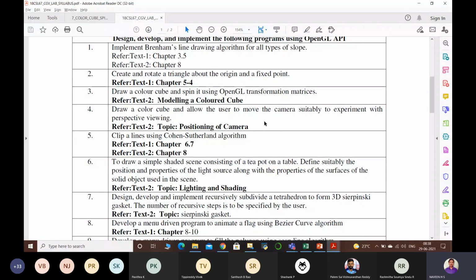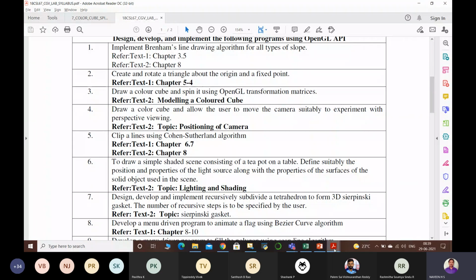You have to use the keyboard or mouse to start spinning the cube. That is the difference. When you see the output, you will get a clear picture of the difference between the third and fourth programs. This is the simple difference between them.